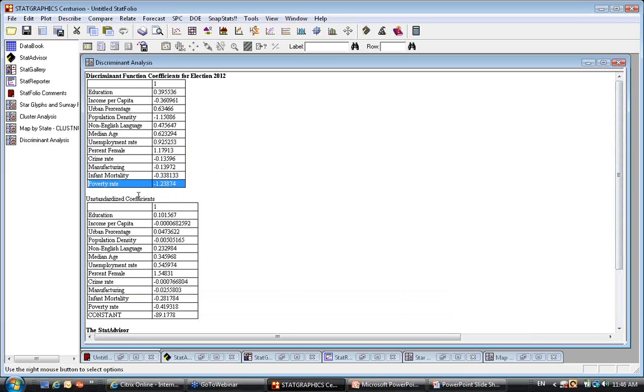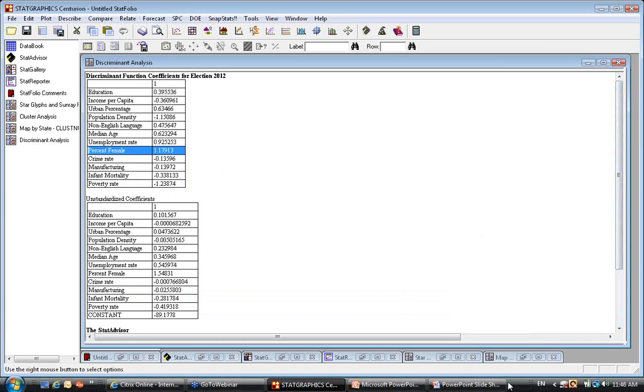Okay? On the other hand, if you look at some of the other large coefficients, here you see percent female. Percent female is positive, meaning the higher the percentage of females in the state, the more likely that state was to vote for Obama.